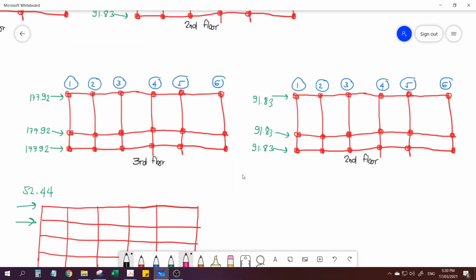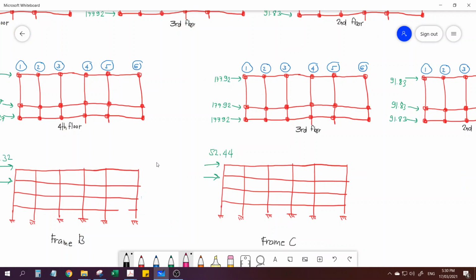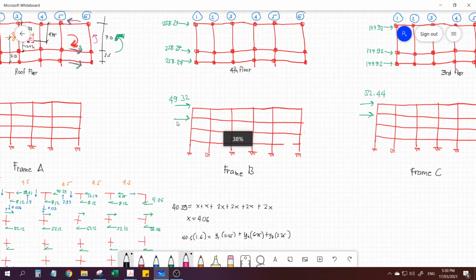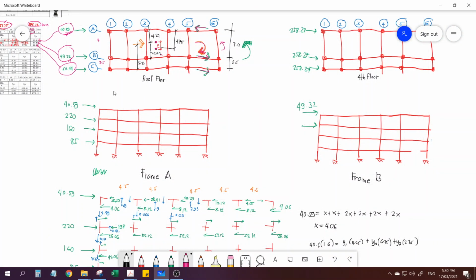And after doing that, no? Kukunin ko na ngayon yung... So assume ako ng... So, ito yung 40.59, nilagay ko na dito. Then, assume ako na yung 258.27 sa frame A, fourth floor, is now 220.